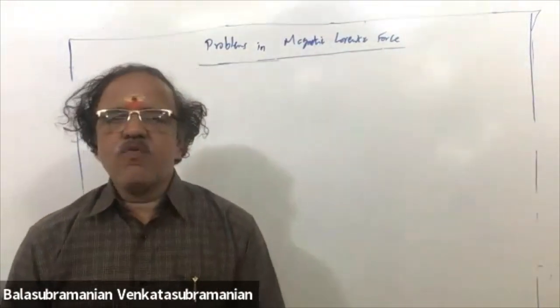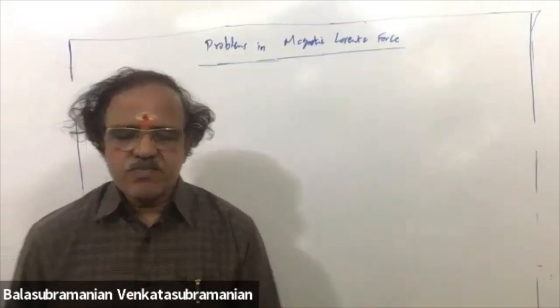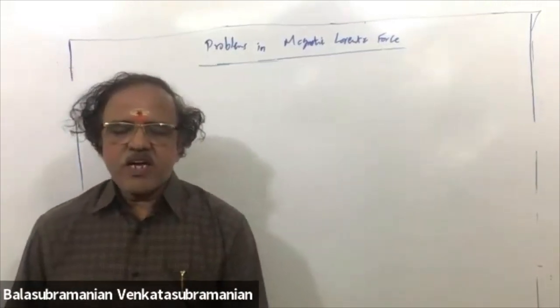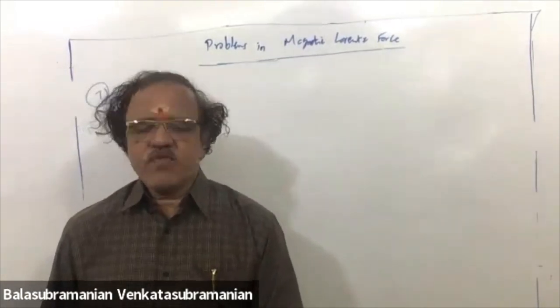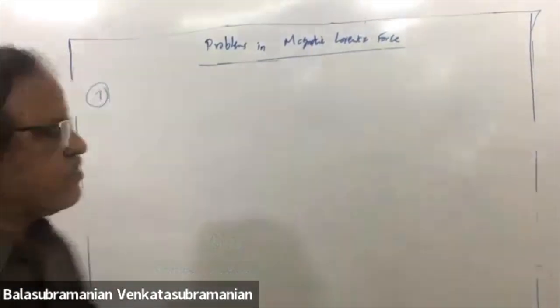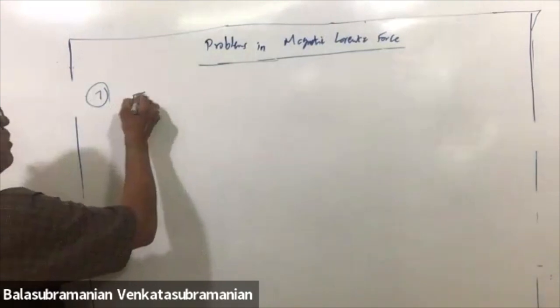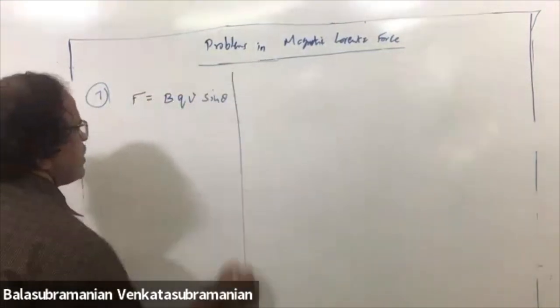An electron moving with a velocity of 5 into 10 power 7 meter per second enters a magnetic field of 1 Weber per meter square at an angle of 30 degrees. Calculate the force. Straight problem. Magnetic Lorentz force F is equal to BQV sin theta.